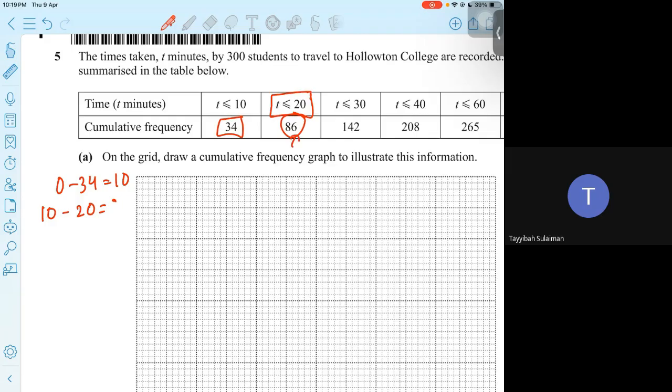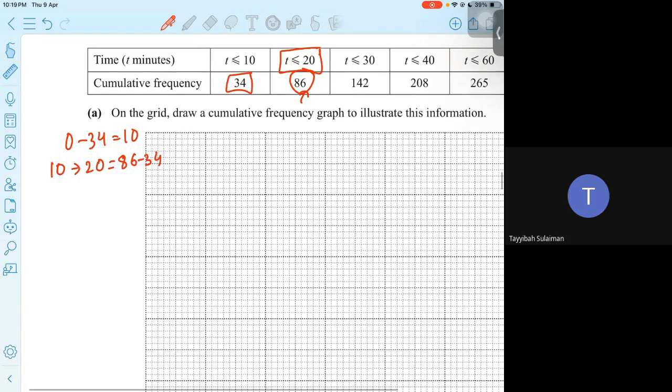What it means for 10 till 20 is that I have 86 minus 34, right? Similarly for 20 till 30, I have 142 minus 86, right? And that's how we finish the whole table.